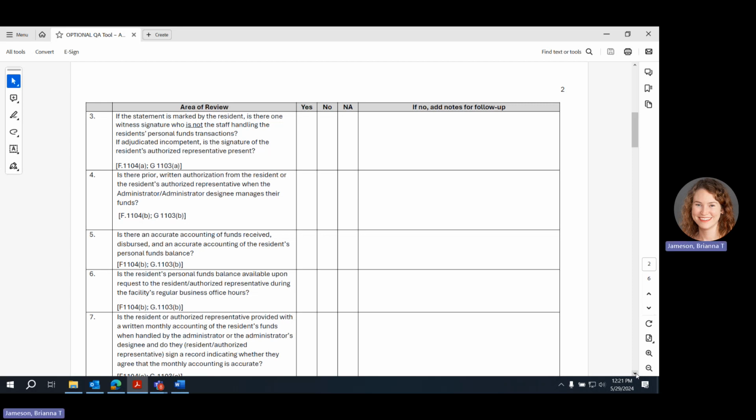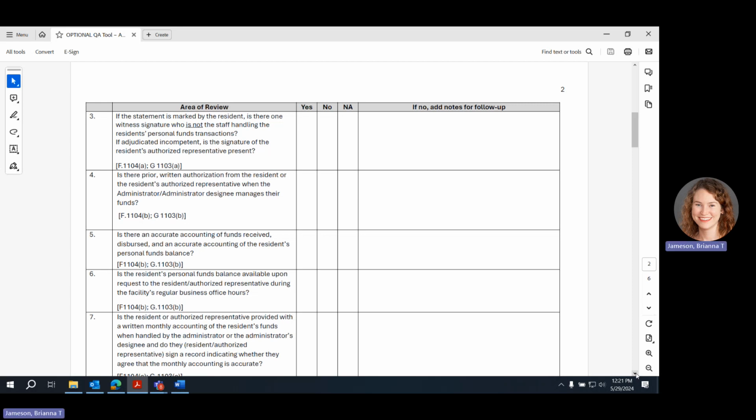The fourth area of review, is there prior written authorization from the resident or the resident's authorized representative when the administrator/administrator designee manages their funds? There is space to check yes, no, or not applicable. And if no is checked, there is space on the right-hand side of the page to add notes for follow-up.